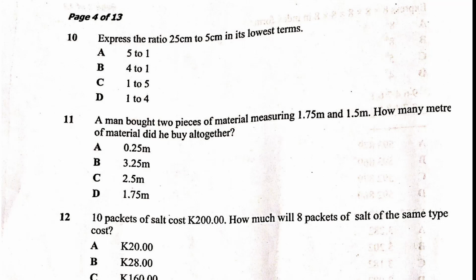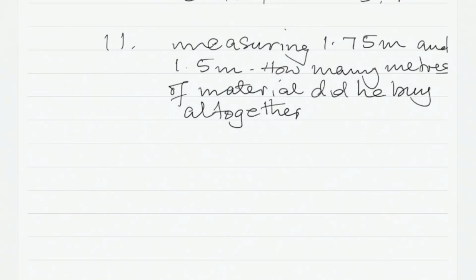Since they have asked us to find out how many meters of material did he buy altogether, we are going to add 1.75 to 1.5. So this is going to be 1.75 meters plus 1.5 meters.